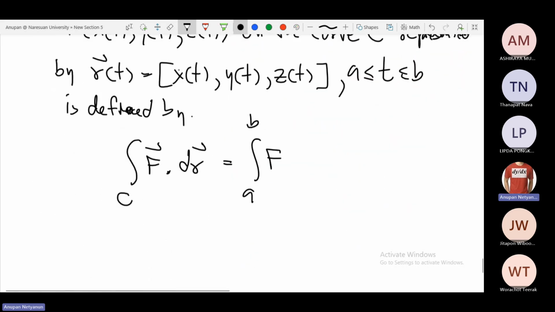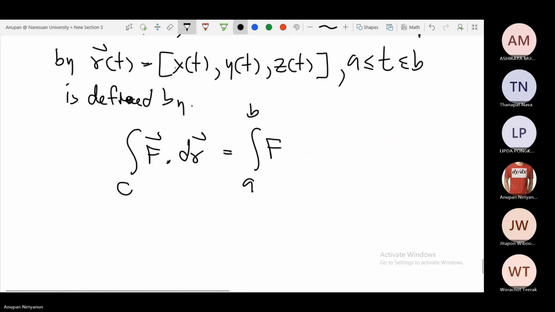So you have f of, so you plug in all the points on that curve into f, which is x(t), y(t), and then z(t). Okay? And then you dot with r prime(t) dt.